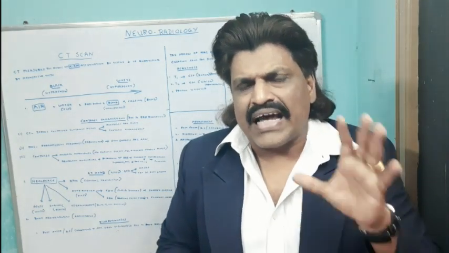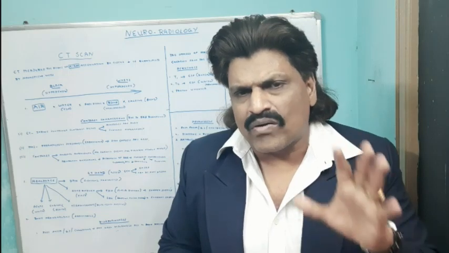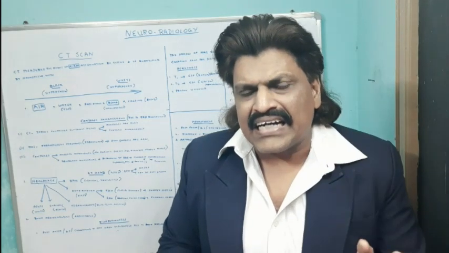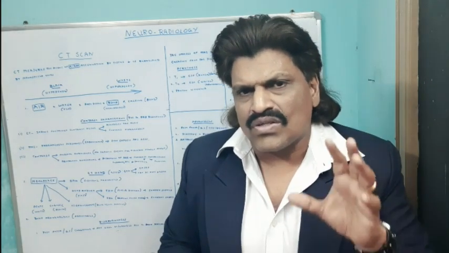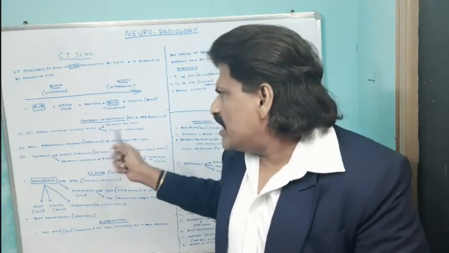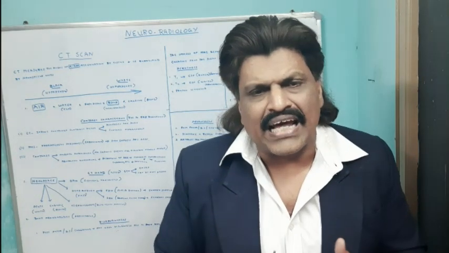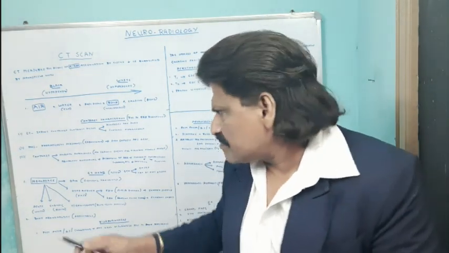So contrast enhancement suggests there's a breakdown of the blood-brain barrier and indirectly suggests that there are lesions like tumors or neurocysticercosis or tuberculoma. So this is a very important concept, contrast enhancement and blood-brain barrier.